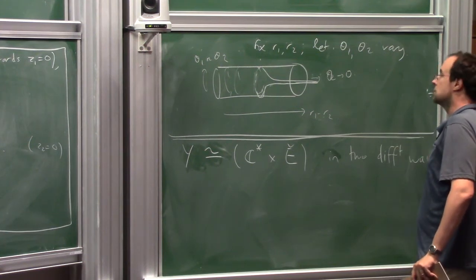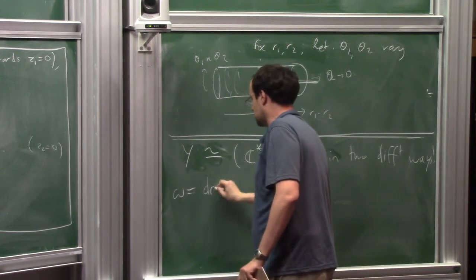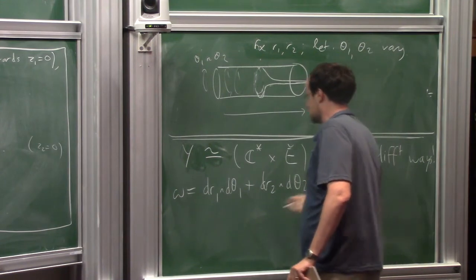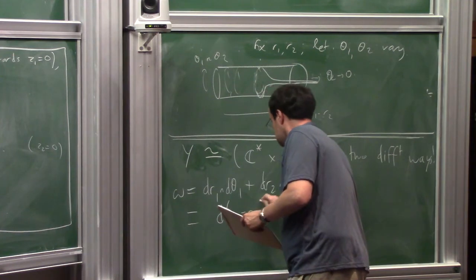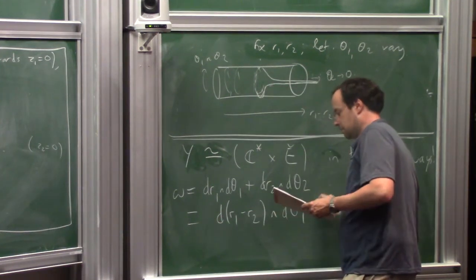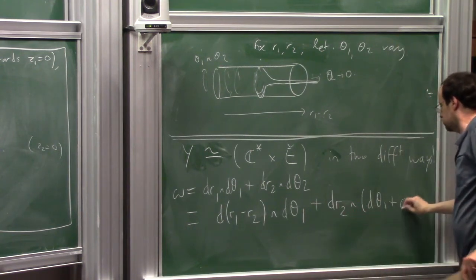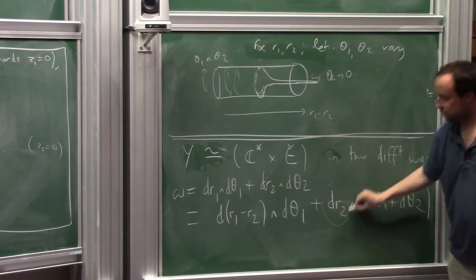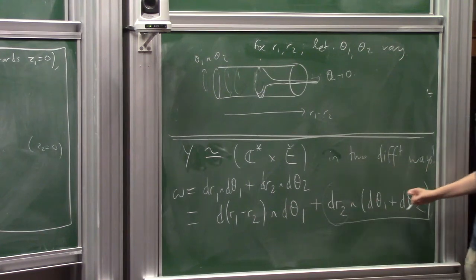Okay. So one of them, remember the symplectic form was dr1 wedge d theta 1 plus dr2 wedge d theta 2. And I can rewrite that as d(r1 minus r2) wedge d theta 1 plus dr2 wedge d(theta 1 plus theta 2). Okay, and now you see that r2 is mod A, so this is actually a symplectic form on a torus of area A with coordinates r2, theta 1 plus theta 2.